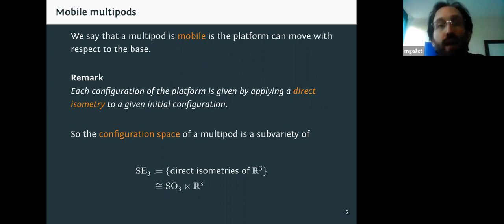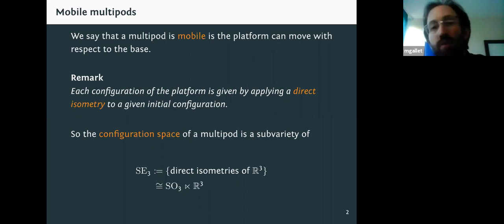So the way we encode realizations in order to speak about mobility is the following. Given a configuration of our multipod, we can consider the direct isometry that sends the actual configuration into a prescribed, let's say, initial configuration.